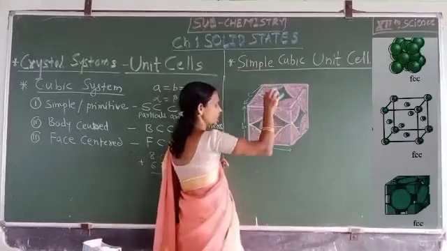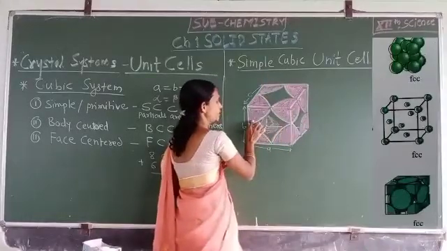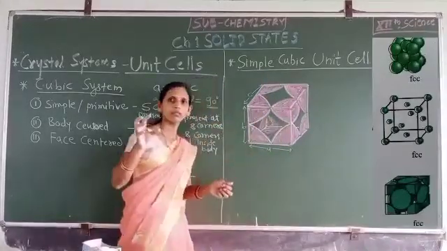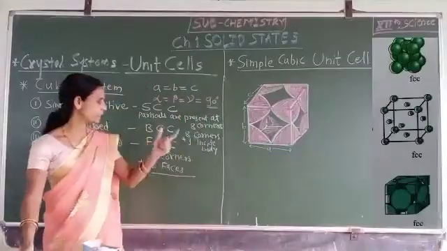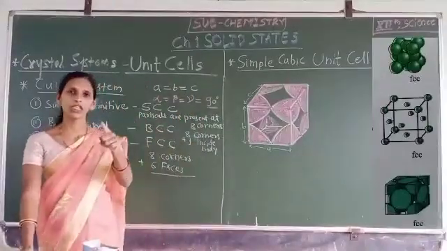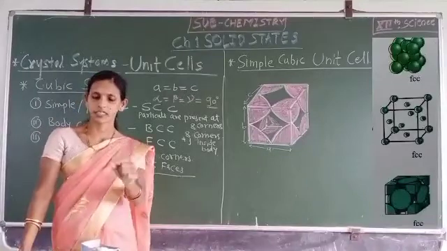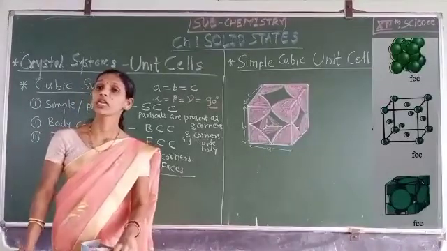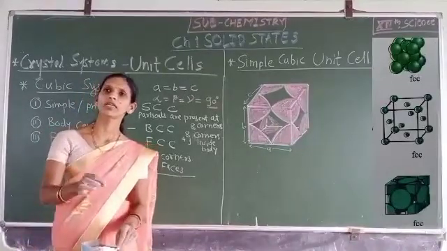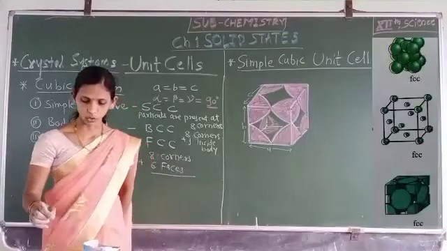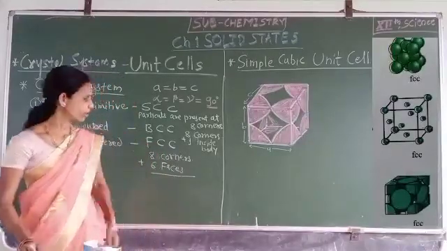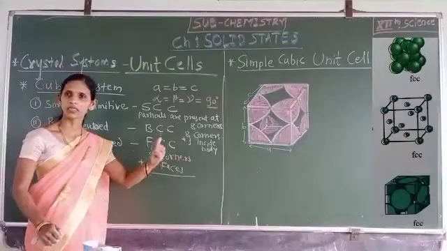Those 6 particles present at the center of each face, along with the corners, make that unit cell known as the face centered cubic unit cell, or FCC.